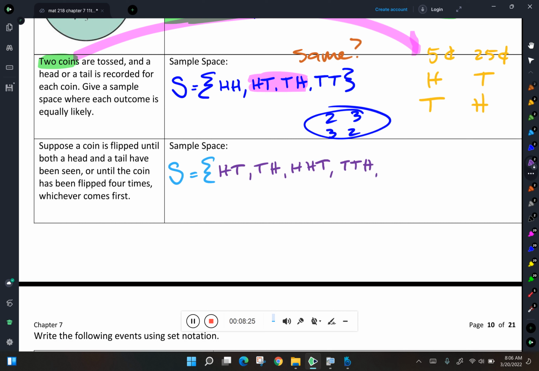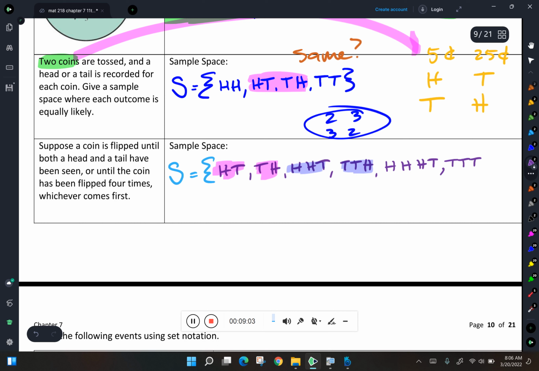Or 4 times. Okay, so these two would represent all the ways the experiment could end with only 2 flips. These two represent all the ways the experiment could end that would require 3 flips of the coin. Now we're going to have to do all of the 4 flips of the coin. Let's see. How about head, head, head, tail? That would end the experiment.